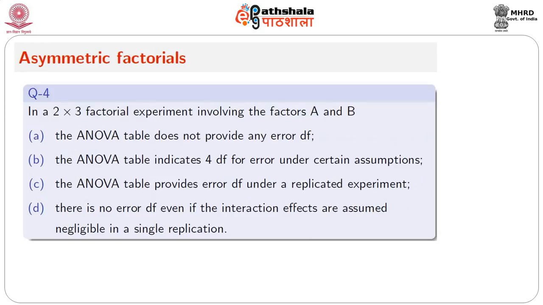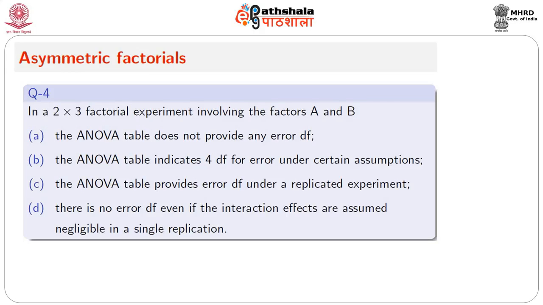Okay. So here is the next one. In a 2x3 factorial experiment involving the factors A and B, the ANOVA table does not provide any error degrees of freedom. The ANOVA table indicates 4 degrees of freedom for error under certain assumptions, or the ANOVA table provides error degrees of freedom under a replicated experiment, or it might be there is no error degrees of freedom even if the interaction effects are assumed negligible in a single replication.